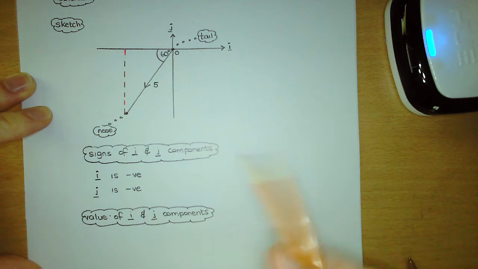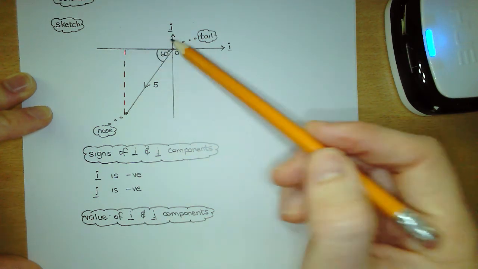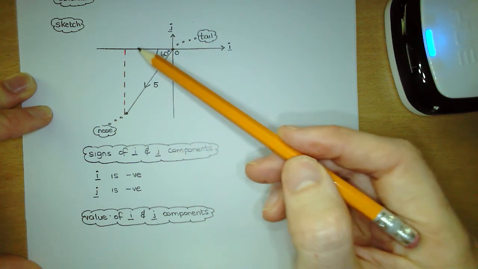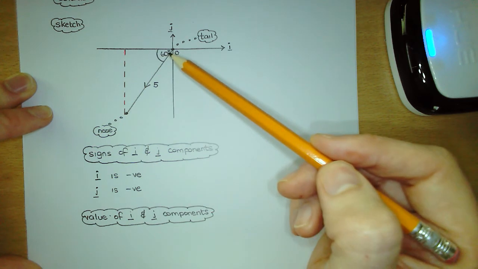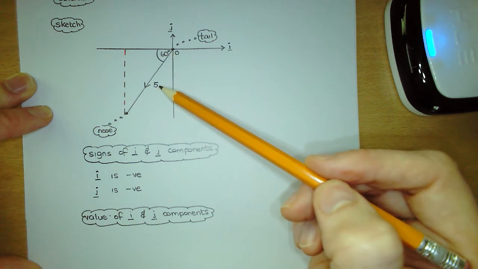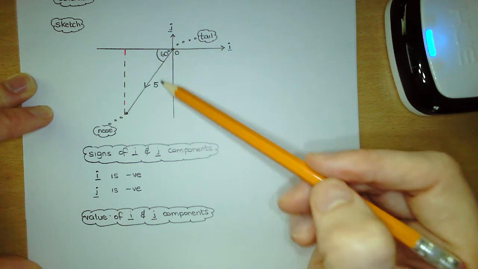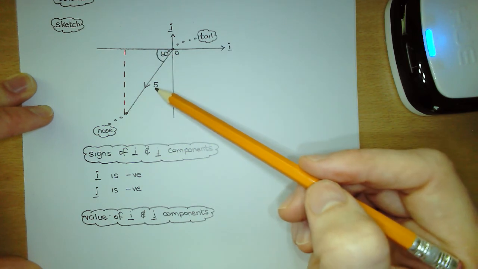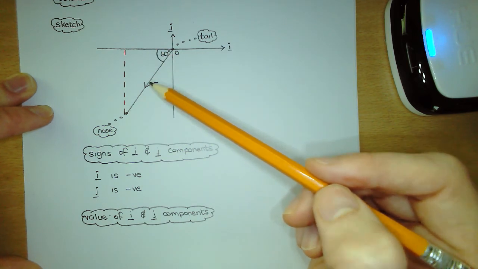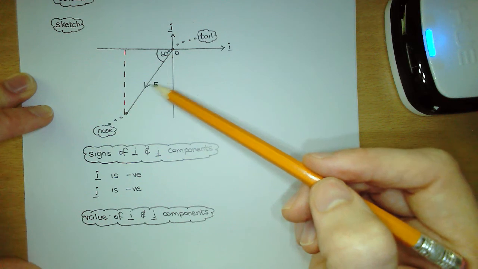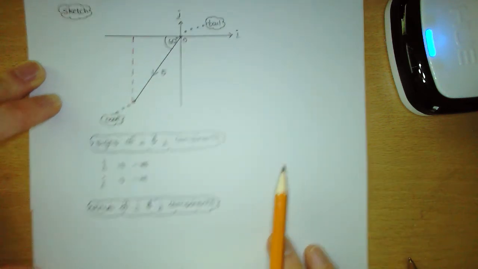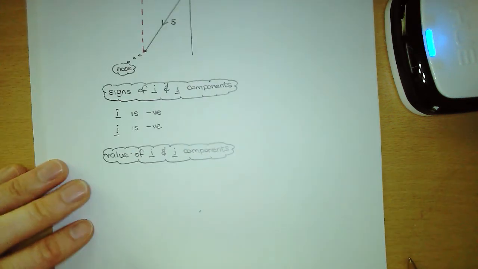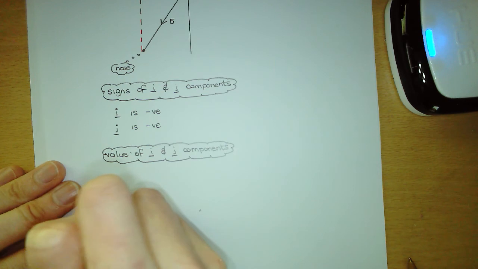So, let's start with the i component. The i component here is adjacent to the angle, and we know the hypotenuse. So, what trig formula involves adjacent and hypotenuse? It's going to be the cosine formula. So, let's get our i component.